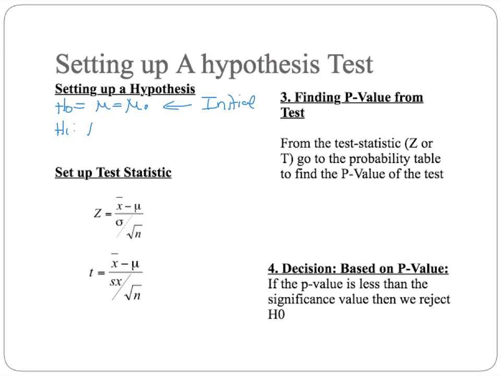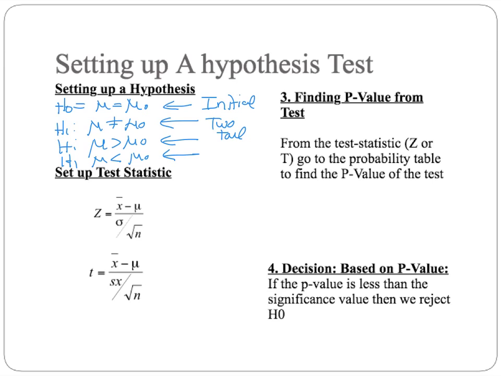We could have mu is not equal to mu naught. That's the two-tailed test. We could have mu greater than mu naught, which is the right-hand test, right? Or we can have H1, the alternative, to be less than mu naught. So it depends on the question being asked how we will set up the hypothesis test.